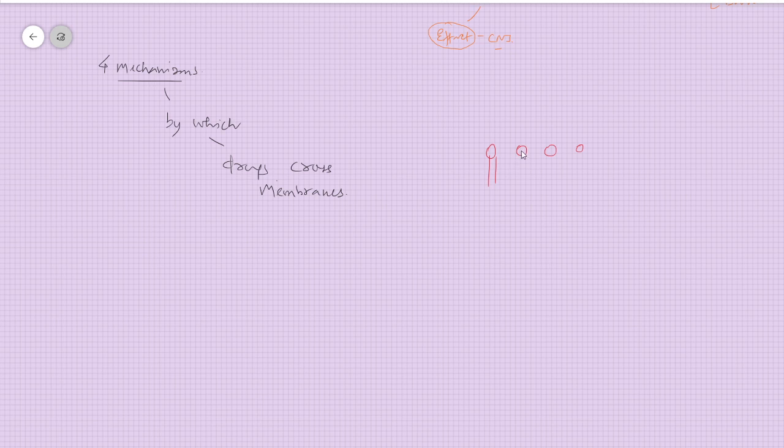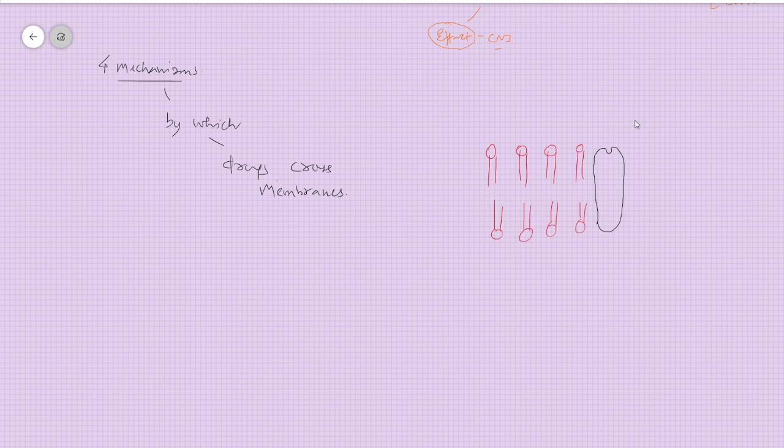So I'm trying to diagrammatically show the Singer-Nicholson model of the cell membrane. This model tells us that there are certain proteins. So let's imagine this is a protein here, which crosses both layers of the membrane.